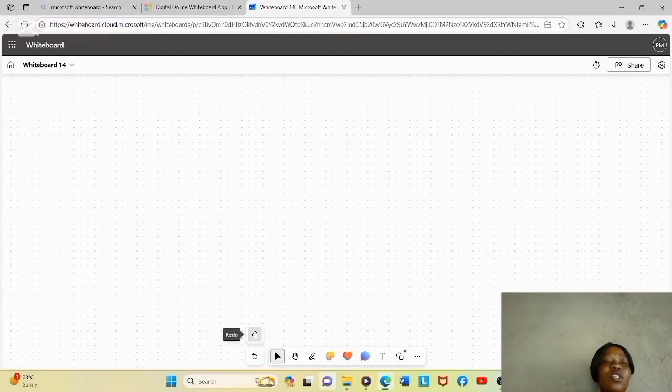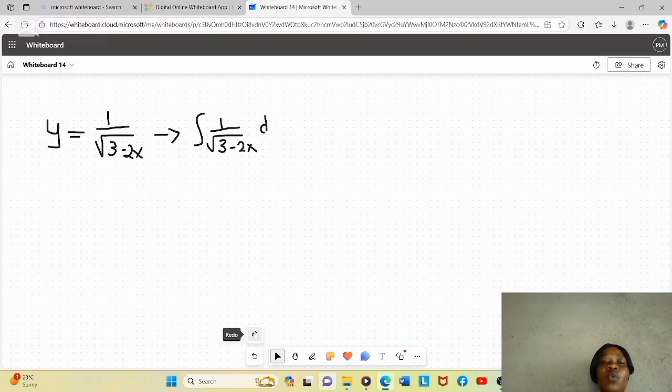Our next example is y equals 1 over the square root of 3 minus 2x. Then we write it as the integral of 1 over the square root of 3 minus 2x with respect to x. Then we use the u substitution method to solve. Our u will be equal to 3 minus 2x.